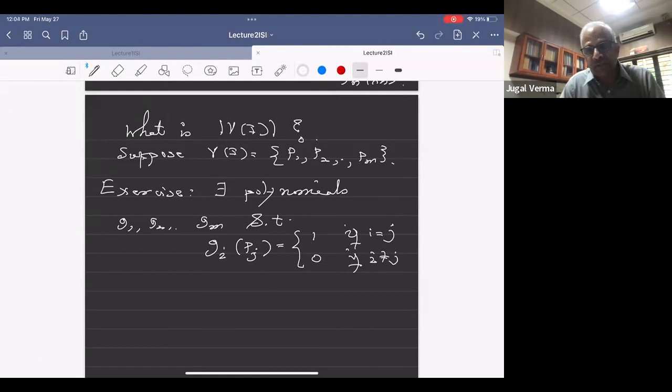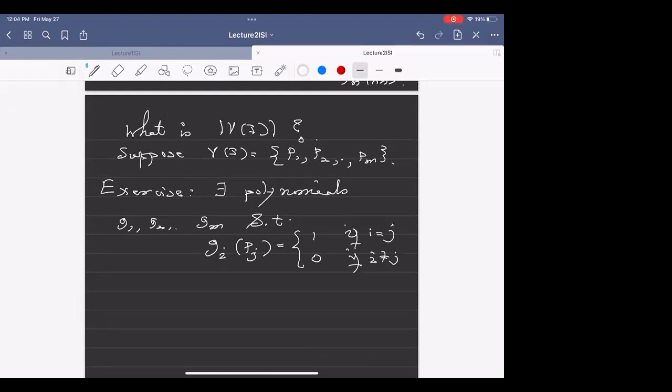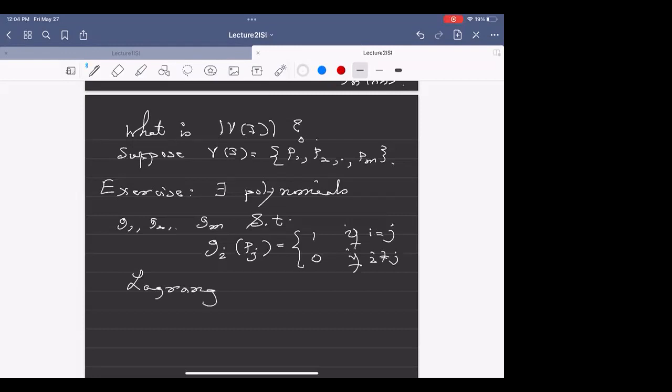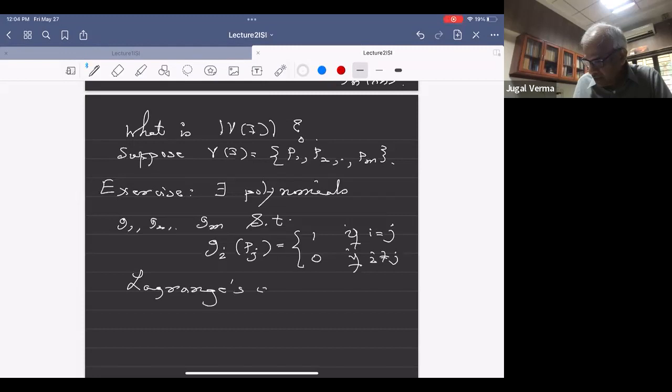The one variable case. You have some distinct real numbers given, and you want to find polynomials which give you value 1 or value 0. What are these called? Lagrange interpolation polynomials.